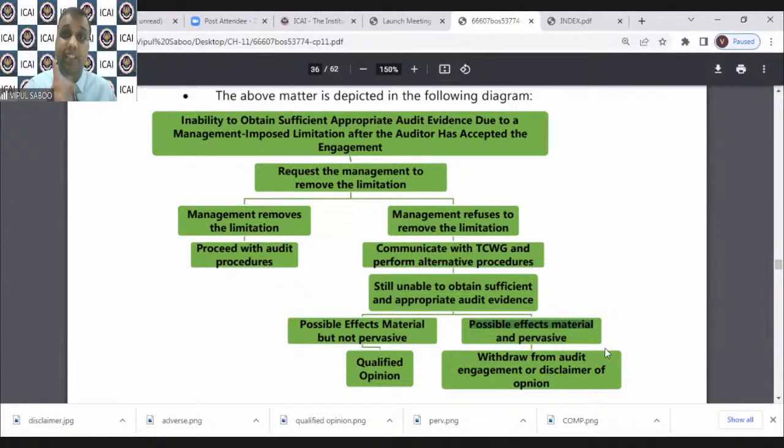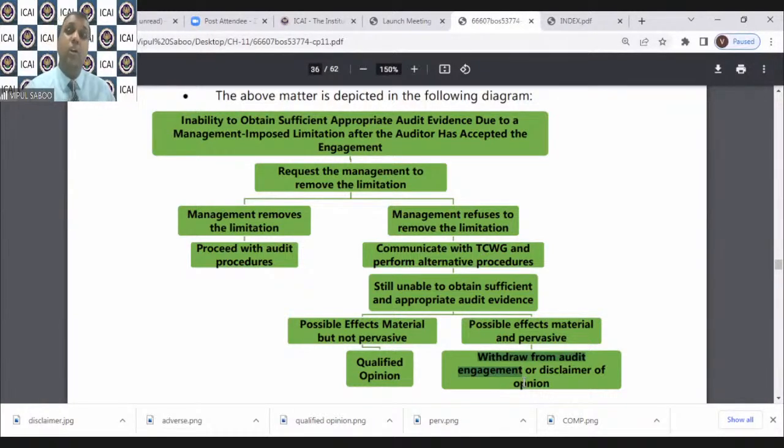He will either withdraw from the audit engagement. If he withdraws, if he is allowed to withdraw under the law, under the terms and conditions of the engagement, he will communicate to those charged with governance the misstatements found during the audit and how they could have led him to modify his opinion.